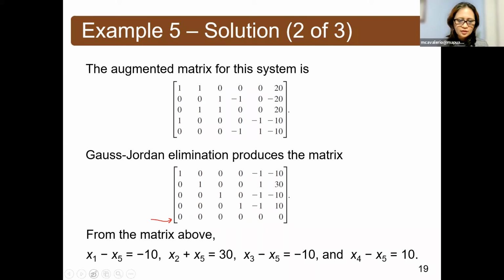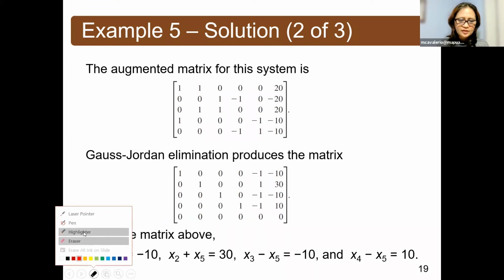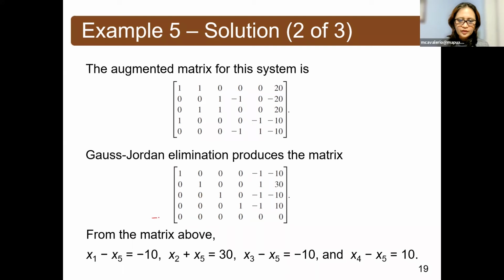Whenever we end up with a row of zeros, this signifies that the system will have infinitely many solutions. It's understood that column 1 holds the coefficients of x sub 1, column 2 the coefficients of x sub 2, column 3 of x sub 3, column 4 of x sub 4, and column 5 the coefficients of x sub 5.